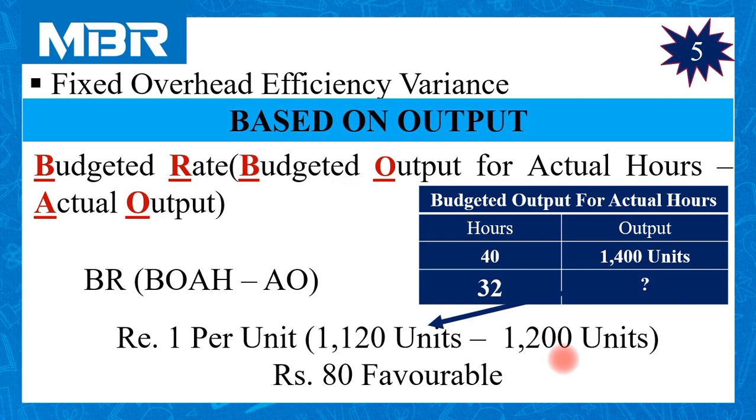But actually we have produced 1200 units. So here we have produced more than our capacity. So when we have produced more than our capacity, we are more efficient. And if it is related to more efficiency, the result is referred to as favorable. So the difference is ₹80 favorable.